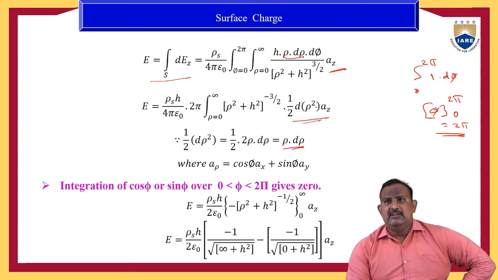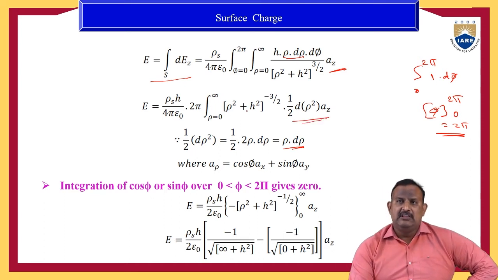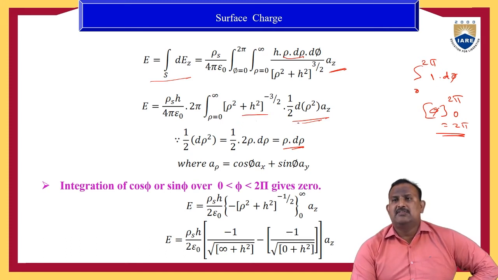So if we integrate this particular part, (rho square plus h square) whole power minus 3 by 2, with half into differentiation of rho square, then we can write the value E is equal to rho s h by 2 epsilon naught.